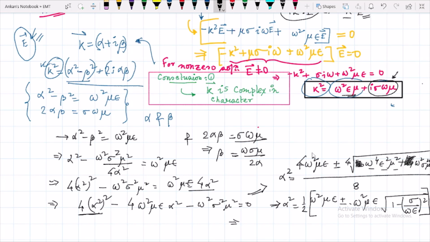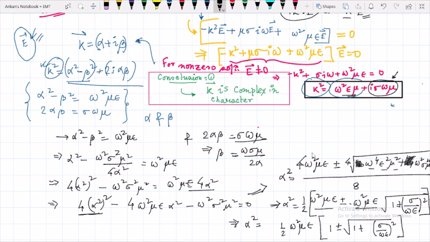So now let us take common of this and this term, so alpha square will be equal to nothing but half of omega square mu epsilon 1 plus minus under square root, here plus sign, plus sigma by omega epsilon whole square.